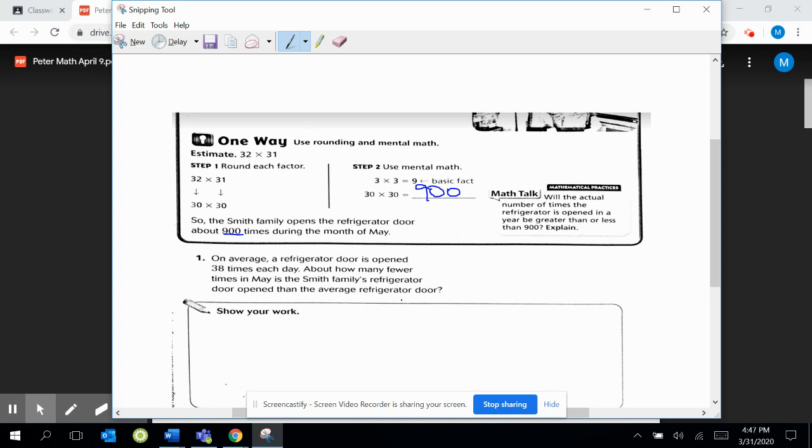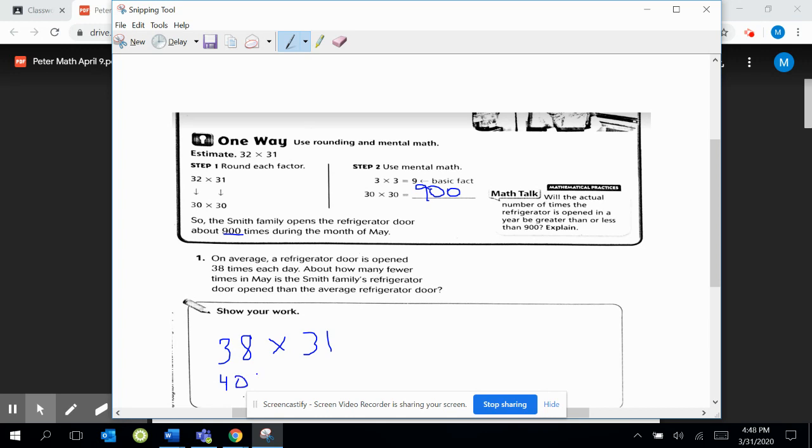Okay, so on average, the refrigerator door is opened 38 times each day. And how many days were there in May? There's 31. Okay, so we could estimate this. What is 38 almost? 38 is almost 40, isn't it?